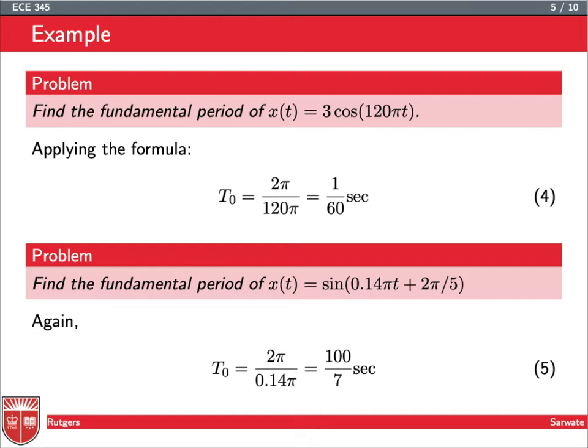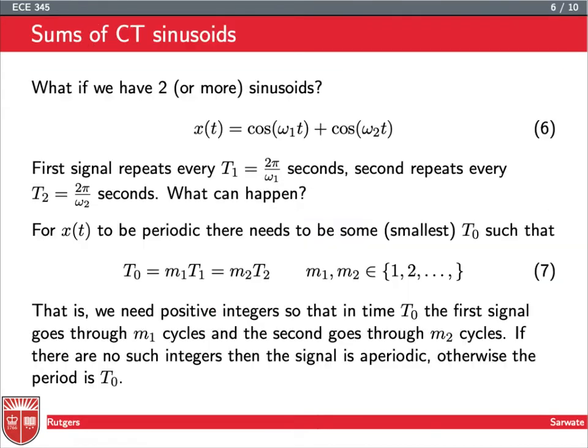Again, we can ignore the phase shift, so this 2 pi over 5, we don't care about it. We just look at the part multiplying t, which is 0.14 pi. Take 2 pi over that, and then multiply top and bottom by 100. You get 200 over 14, so 100 over 7. So the fundamental period is 100 over 7 seconds. It repeats itself every 100 over 7 seconds.